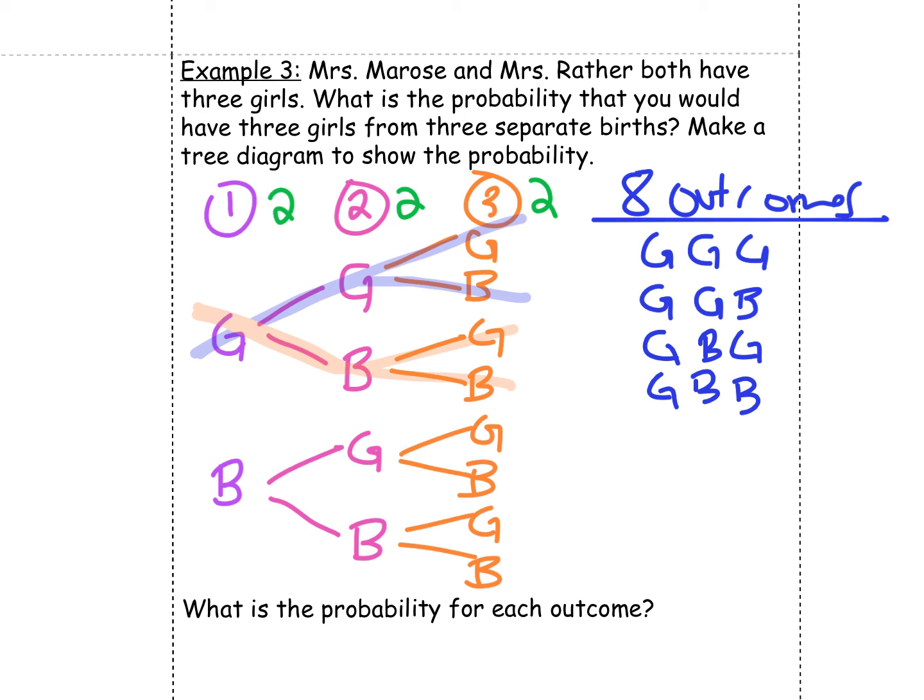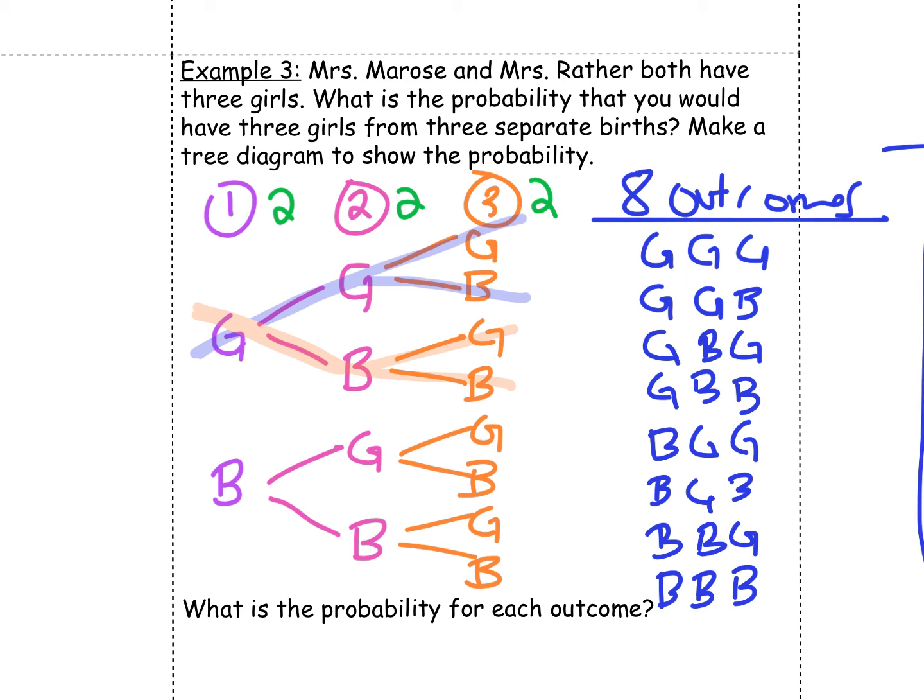Then we keep following those branches. Boy, girl, girl; boy, girl, boy; boy, boy, girl; and boy, boy, boy. So this is our tree diagram showing all of those outcomes and all of our probabilities.